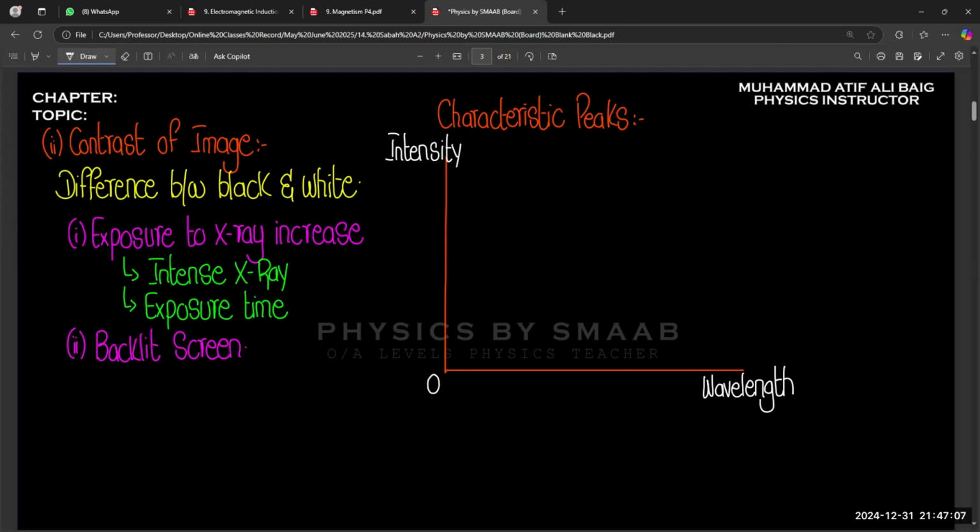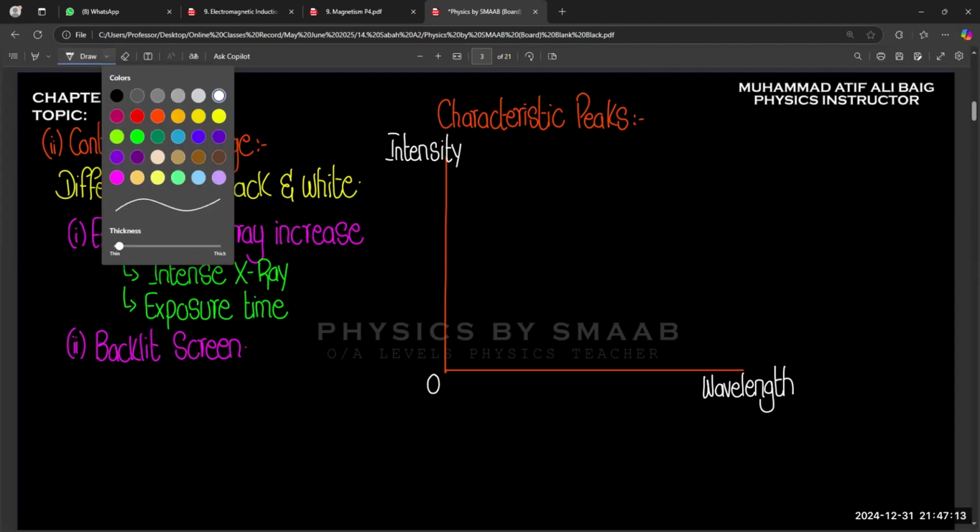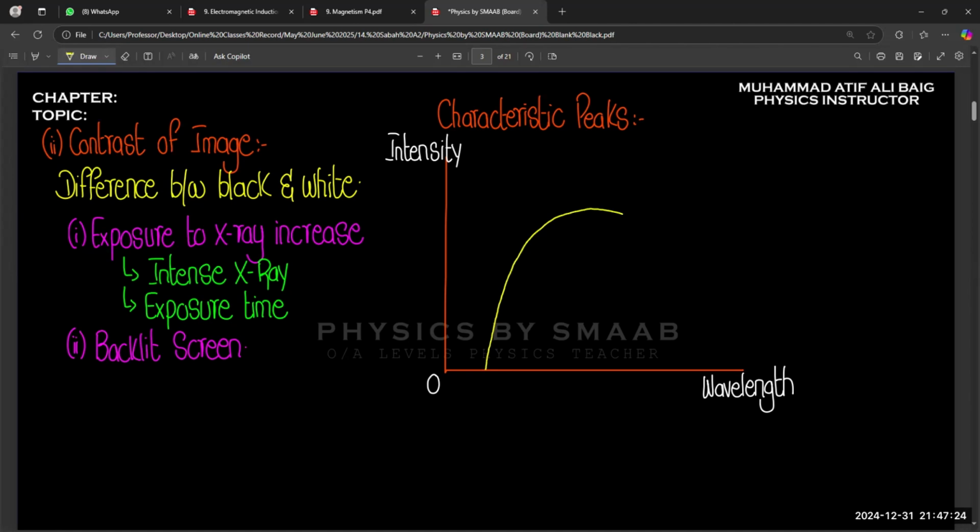We are going to start from the cutoff wavelength, the minimum value at which we start our graphical representation. So it will be like this. And then we have slight peaks over here. And then this graph declines like this. Then we get some more peaks, and it continues so on.